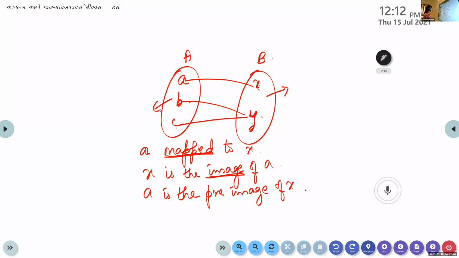This is the set A, this is the set B. Draw this figure.